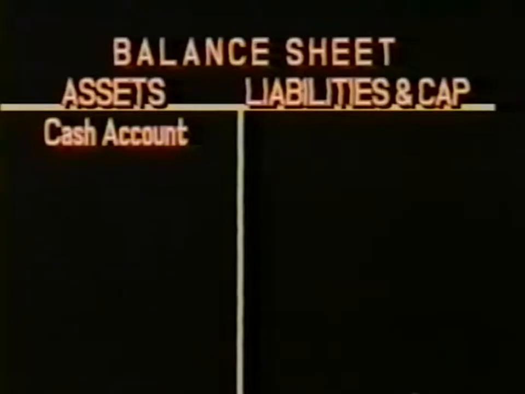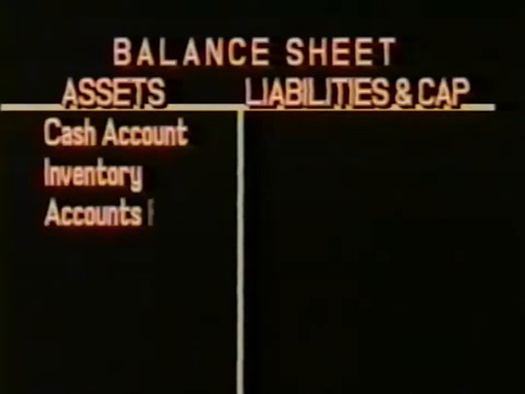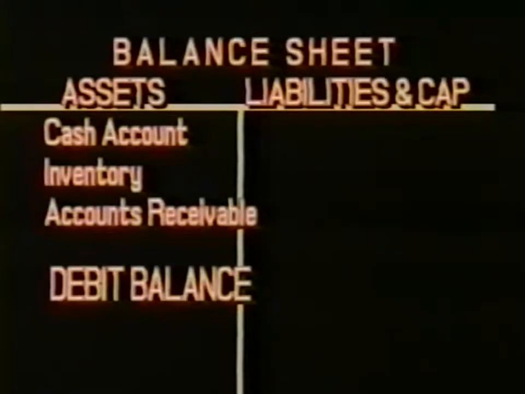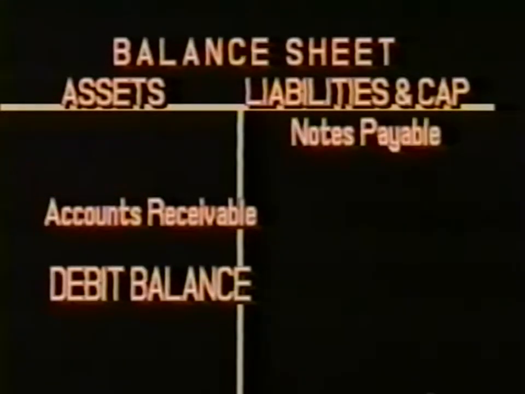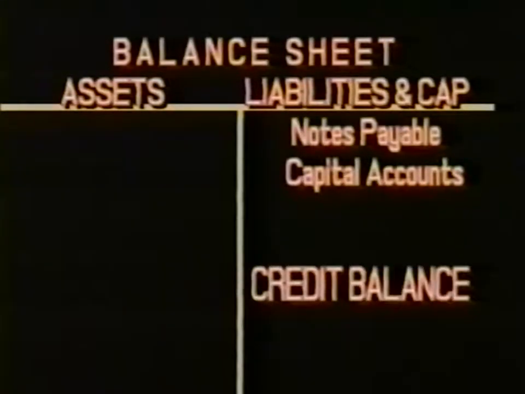Since asset accounts, like cash, inventory, and accounts receivable, should have more going in them than coming out, these accounts should have debit balances. Liability and capital accounts will normally have credit balances because these are the accounts that indicate where money comes from for our business. To further understand the purpose of these books, let's trace a business transaction.